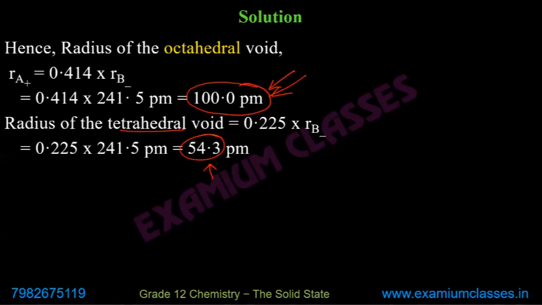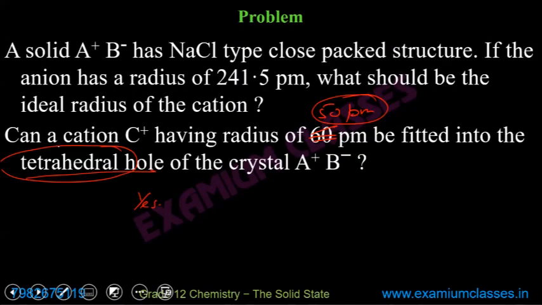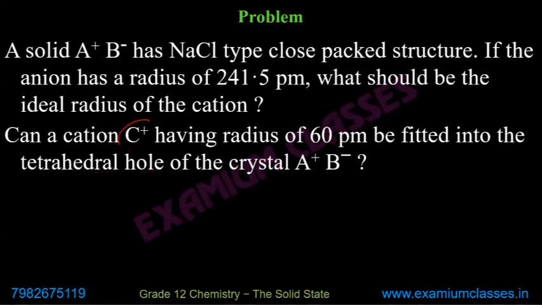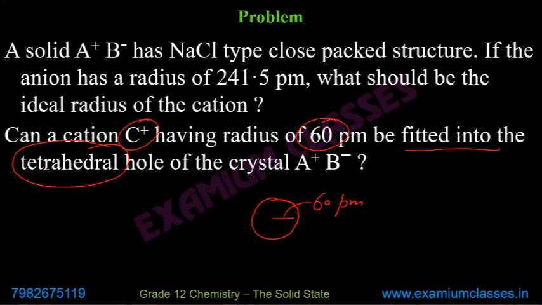Okay, Sudipta. What I am saying is, the second part of the question here is, can a cation C plus having radius 60 picometer, so there is a cation and its radius is 60 picometer, be fitted into the tetrahedral void of this lattice A plus B minus?